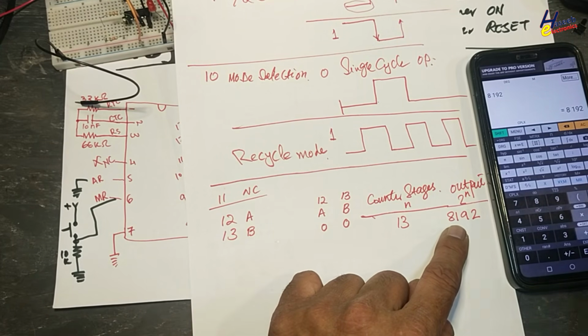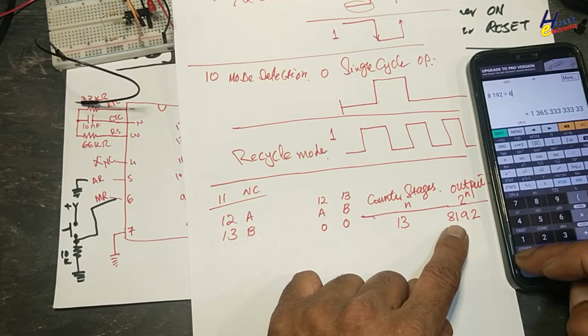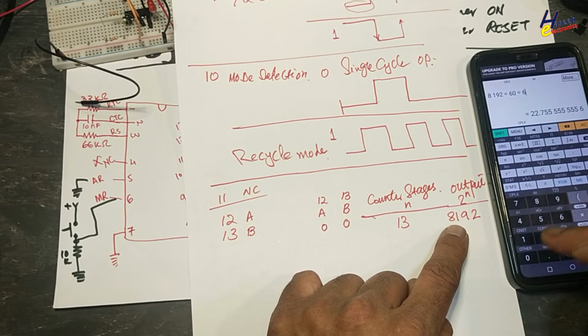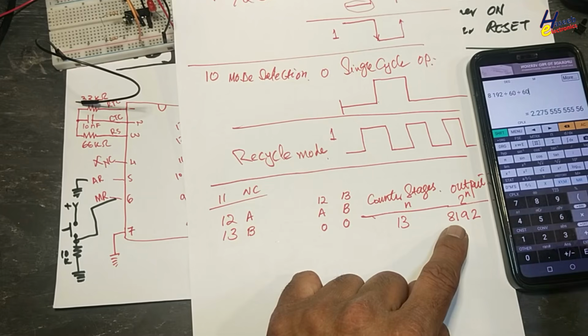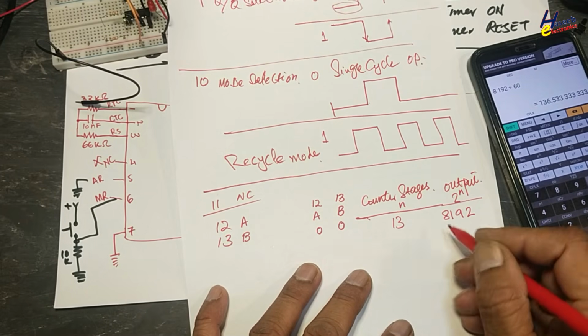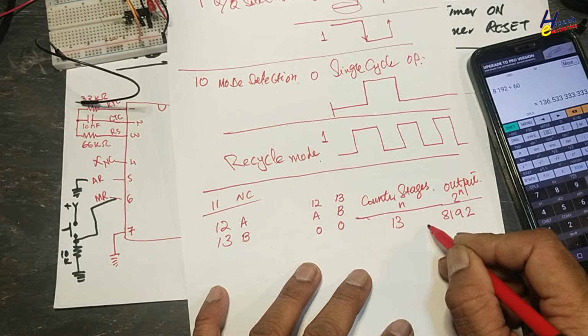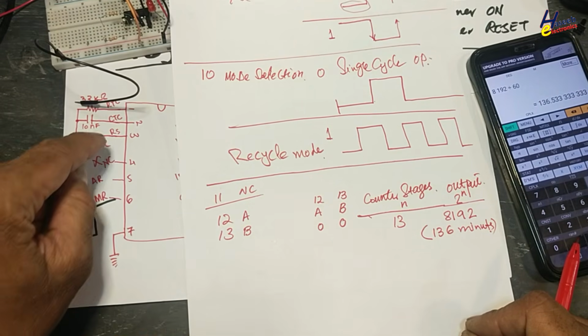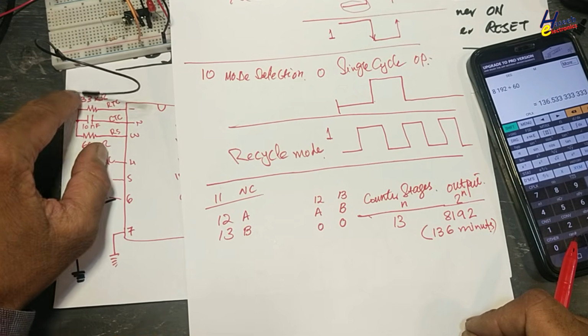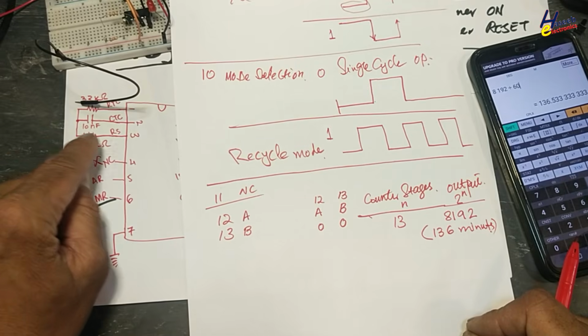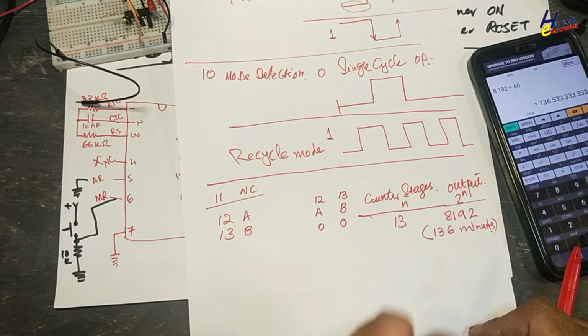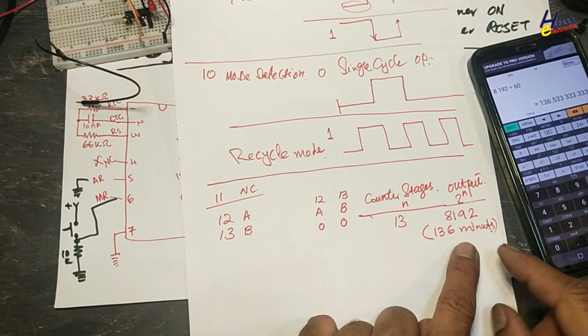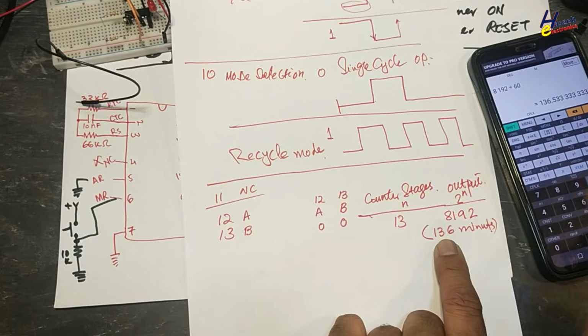Now we calculate the time divided by 60, 136 minutes, divided by 60, 2.27 hours. Let's consider the minutes. If we inject 1 Hz frequency at pin number 3, or we create a timer for 1 Hz, after this time we will take output. It will maintain output for this time, 136 minutes, then it will turn off.